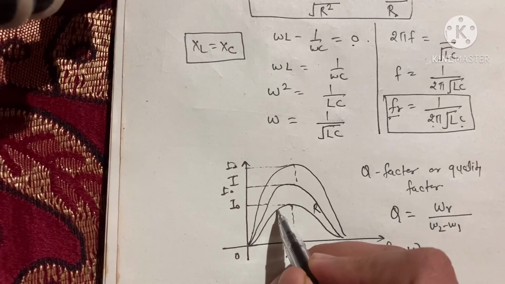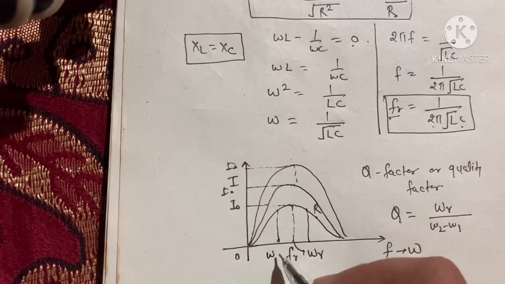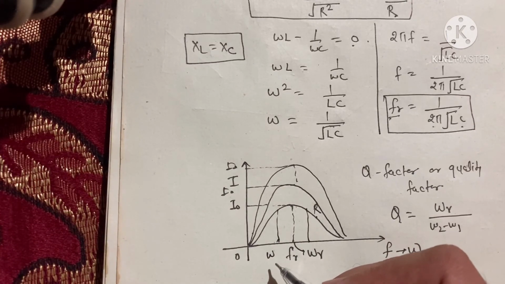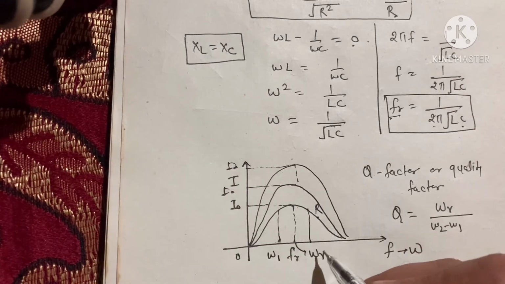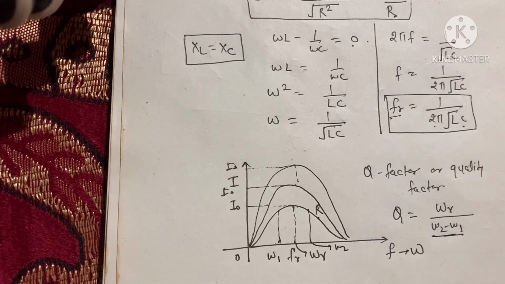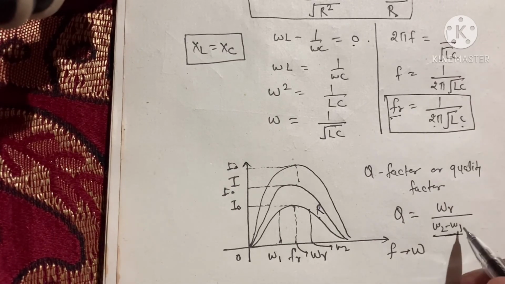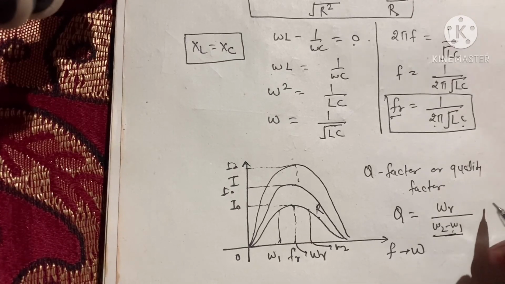If you select any 2 points, this is omega 1 and this is omega 2. So this is the difference, and it is a dimensionless quantity. This term omega 2 minus omega 1 is called the bandwidth.